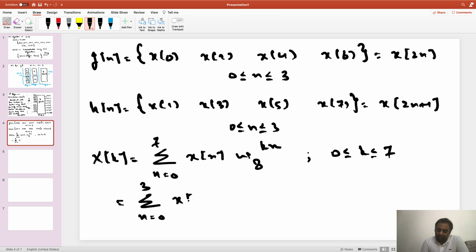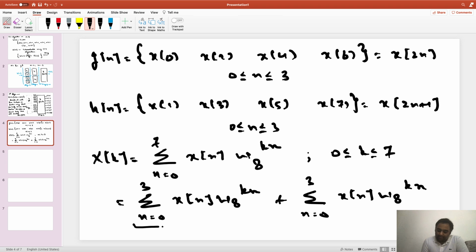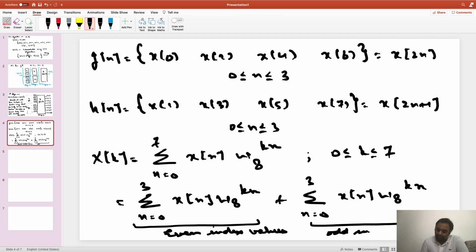You have x[n] W8^(kn), sum over n = 0 to 3, x[n] W8^(kn), and these are basically your even index values being picked up, and these are the odd index values being picked up.